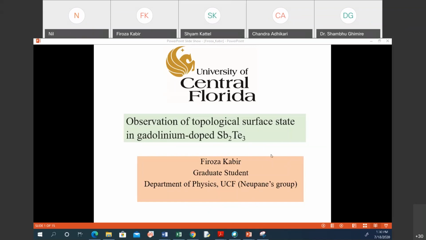So the main idea of my topic is how gadolinium dopants can modify the electronic structure of pristine antimony telluride. Basically, we have introduced this dilute 4f electron magnetism into pristine antimony telluride by gadolinium doping.